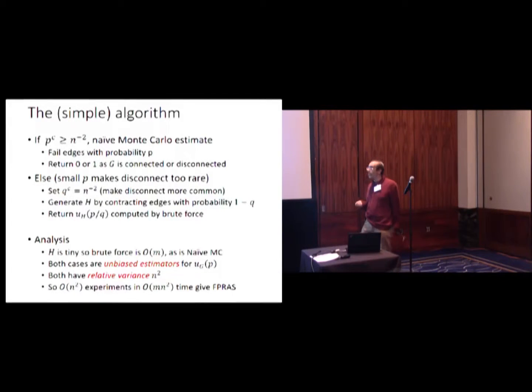And if you don't know what that is, I'll tell you in a minute. And both of those unbiased estimators have relative variance of n squared, which means that you only need order n squared of these experiments in order to get a close approximation to the correct answer, and this gives you your mn squared time algorithm. So that, at a high level, is the whole story.